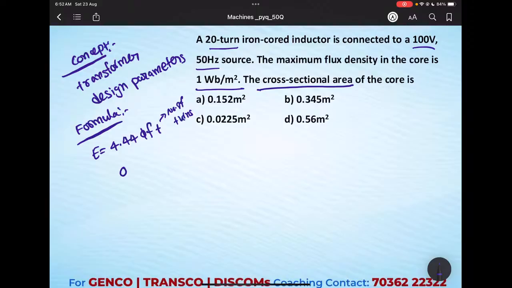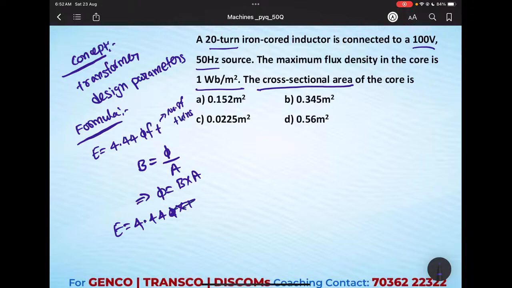We know that flux density is flux per unit area, so flux phi equals B into A. Substituting that in the formula, we get E equals 4.44 into B into A into f into T.